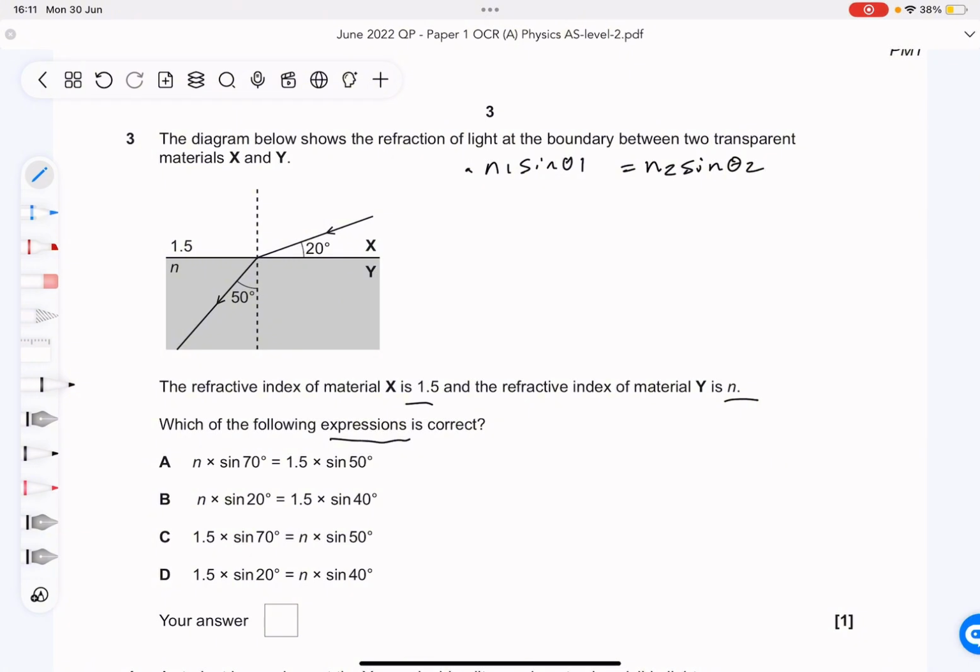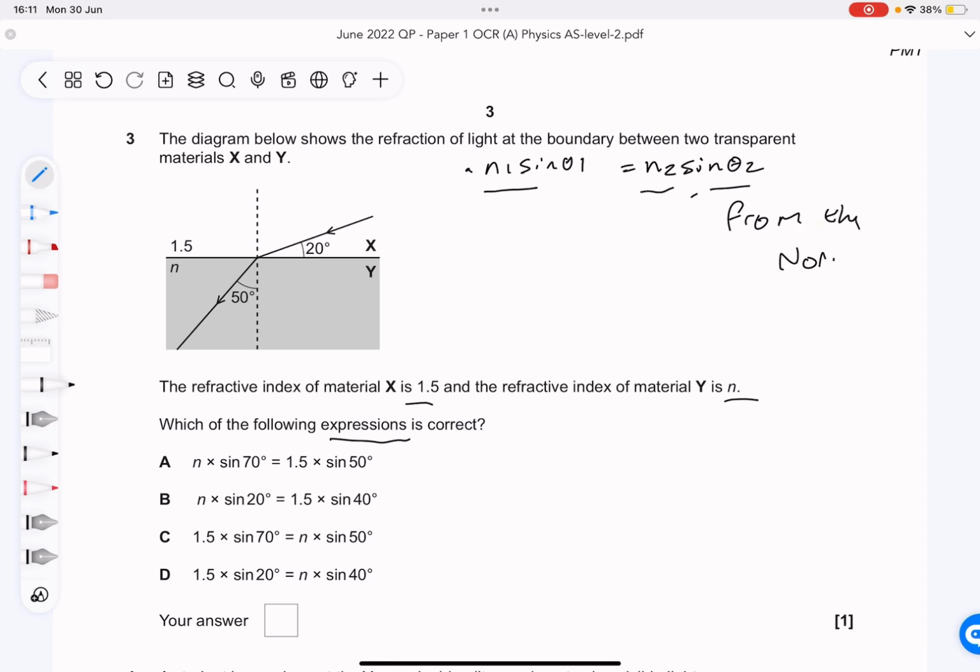So the refractive index of the material you are coming from times the sine of the angle of incidence equals the refractive index of the material you're going into times the sine of the angle of refraction. Now, the angle of incidence and refraction are measured from the normal.